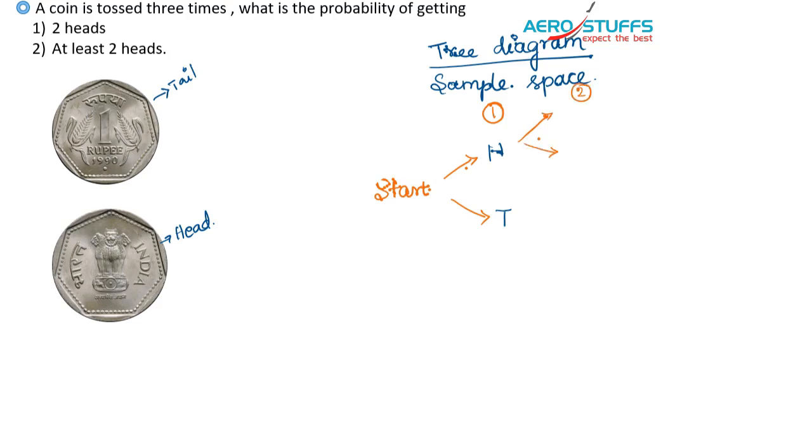Now after getting the head, I toss the second time, because I have to toss 3 times. In that I may get head or tail. Again, come to this side, that is tail. After getting the tail in the first chance, I toss the second time, and again I may get head or tail.